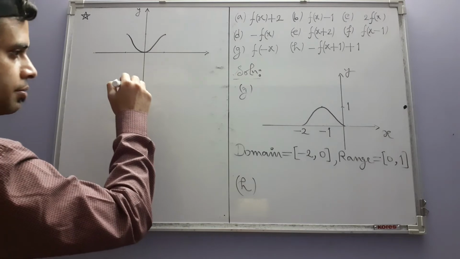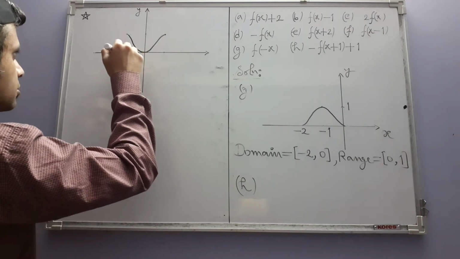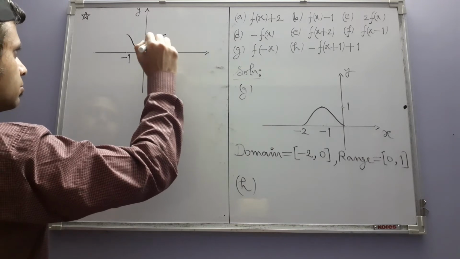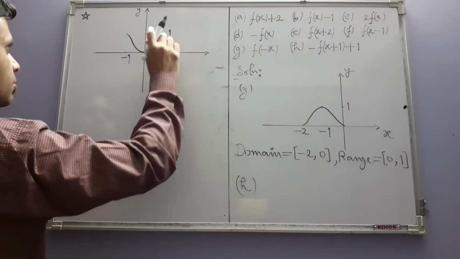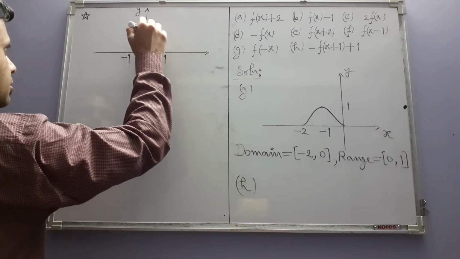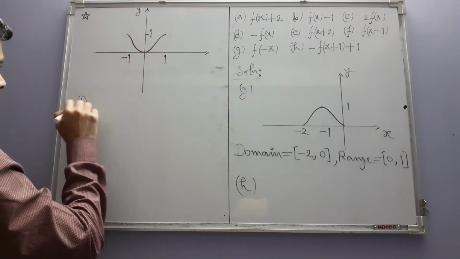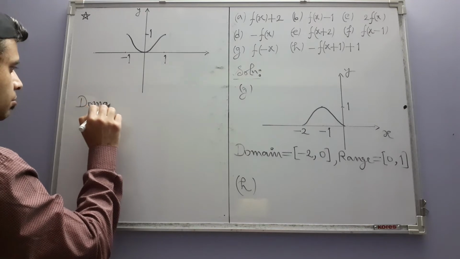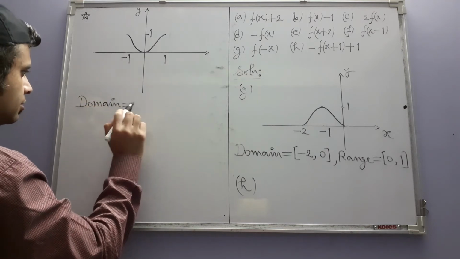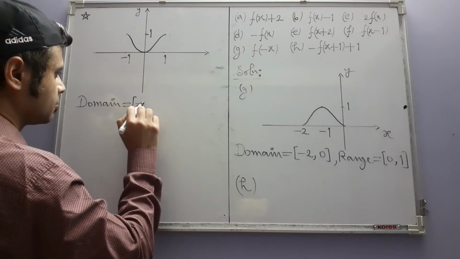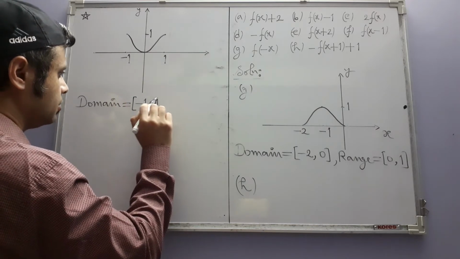And here this is minus 1, this is 1, and oh, I have to write it here, no? This is 1. So here both the domain as well as the range have changed. This is our new domain.